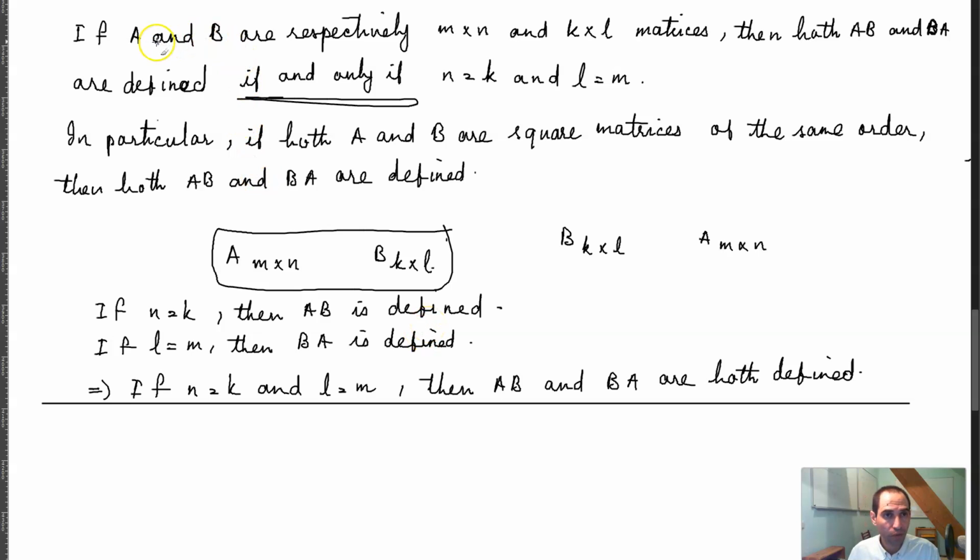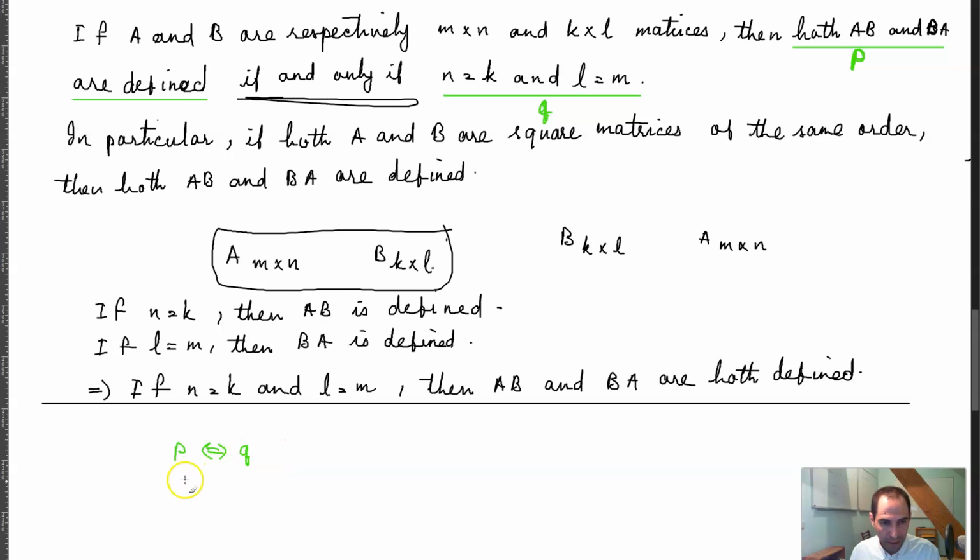When I say that if A and B are respectively these two matrices, then these two are both defined if and only if that is the case, what that means is this: if I take this as some statement P, and I take this as a statement Q, then what I'm saying here is that P if and only if Q.